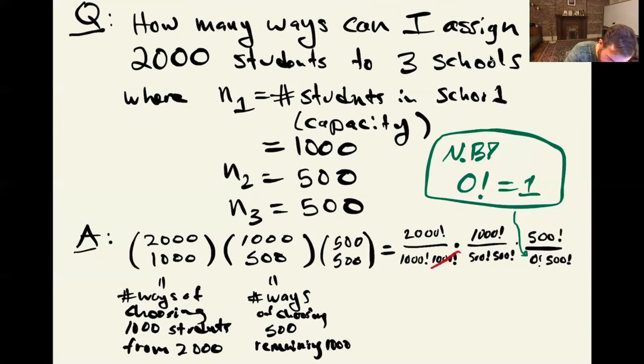We have 1,000 factorial here canceling with 1,000 factorial here. Of course, we've got 500 factorial here, 500 factorial here. And what's left, surprisingly, is 2,000 factorial over 1,000 factorial, 500 factorial, 500 factorial.